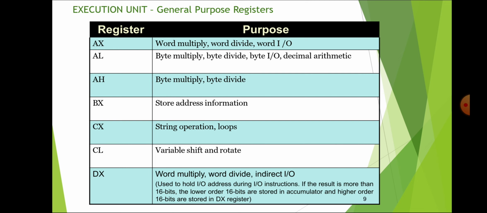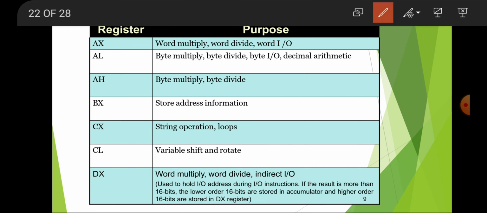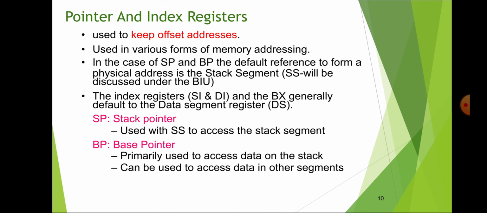Word multiply, word divide, word input output: that is the AX register. Byte multiply, byte divide. I have shown here exactly the use of every register.